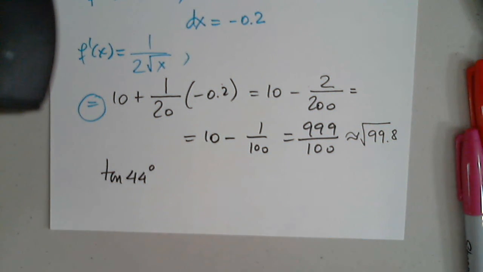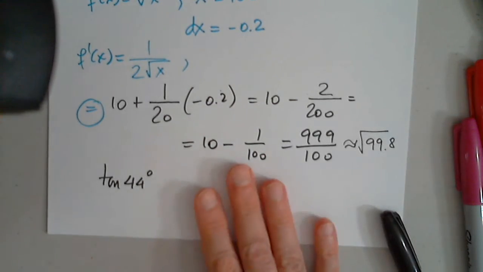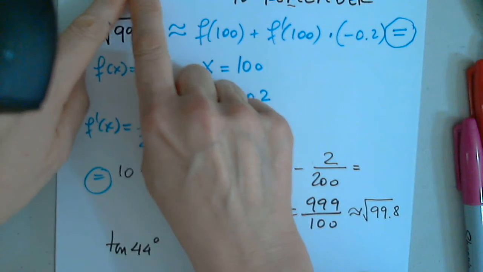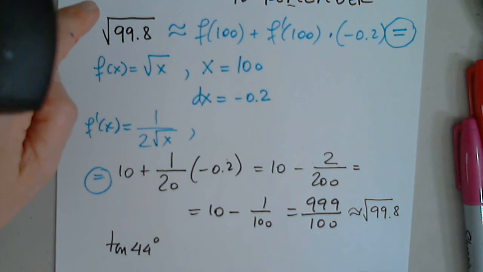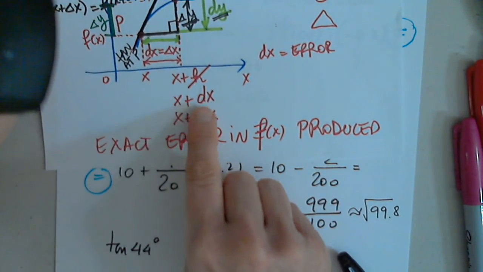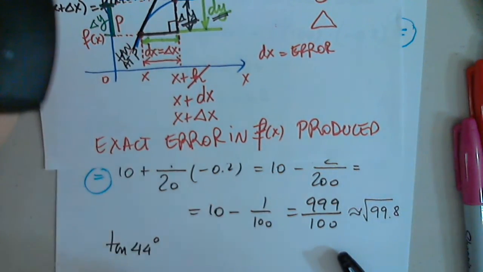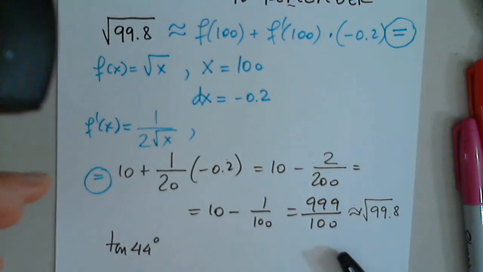I have a question. Yeah, any question, please. How did we find x and dx? Because we are talking about a number and its error. We are talking about a number and a tiny error. I got a question too. Yes?